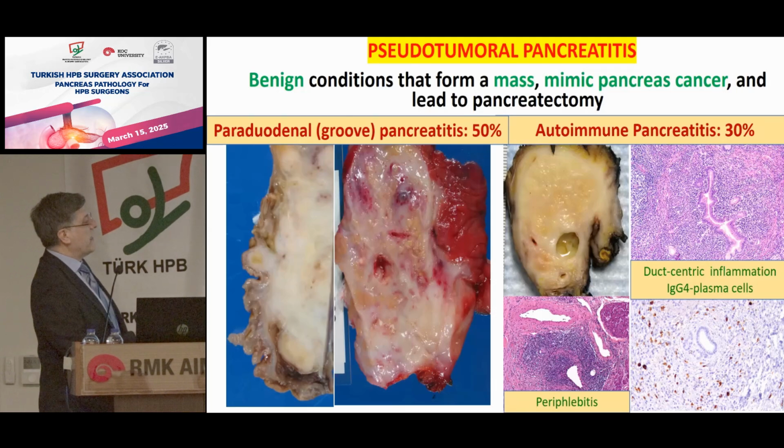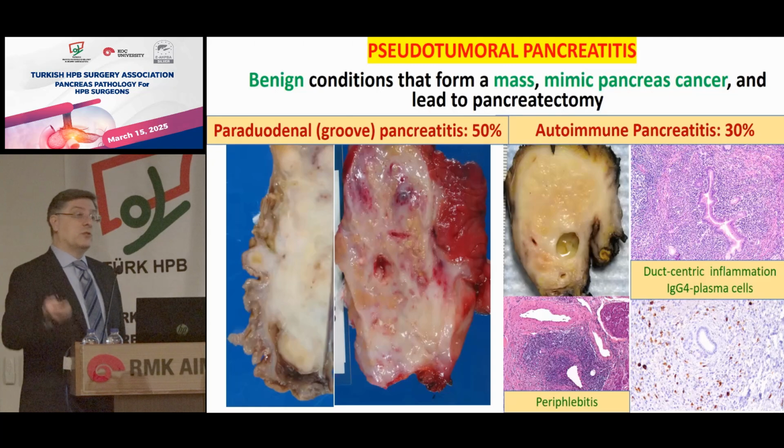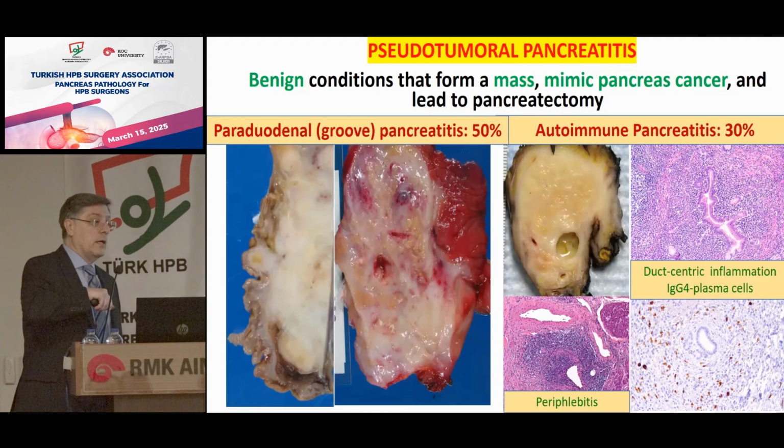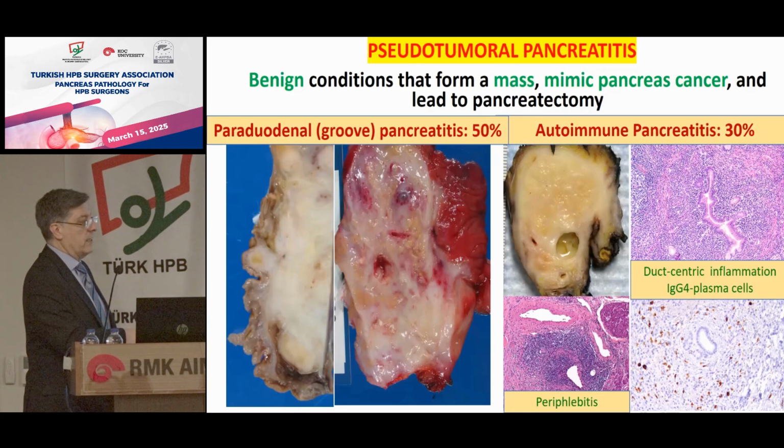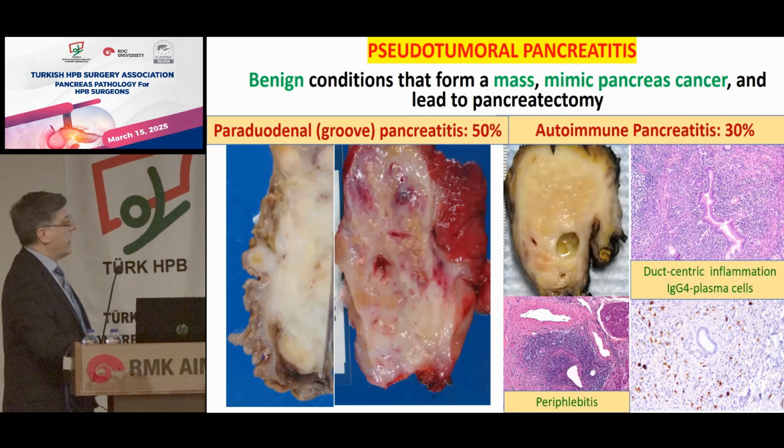By the way, why is that halo forming? Or maybe the question should be, why doesn't the halo form in PDACs? Because PDACs don't stop where they go, right? PDACs are very infiltrative, and we'll come back to that point. They do not stop at some point to create this halo-like reaction around them. So this is a good clue to the diagnosis of autoimmune pancreatitis.